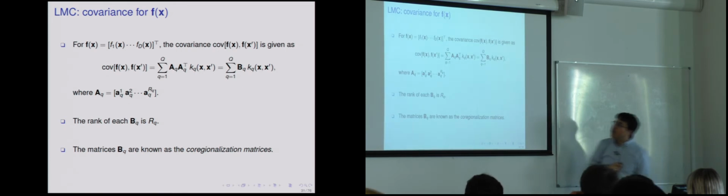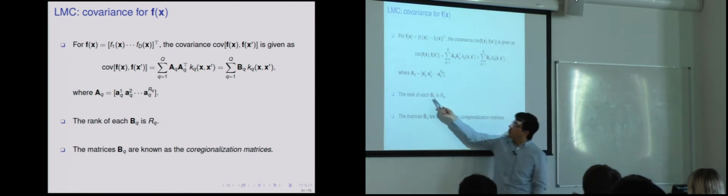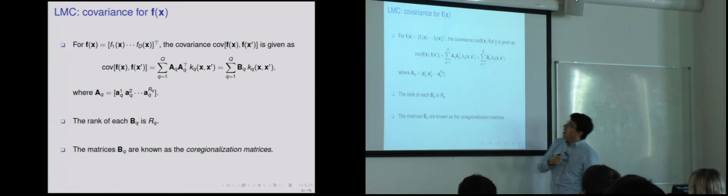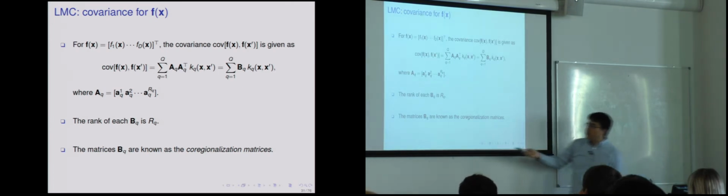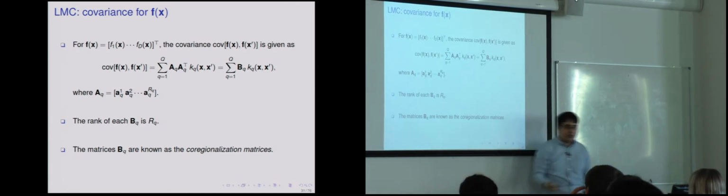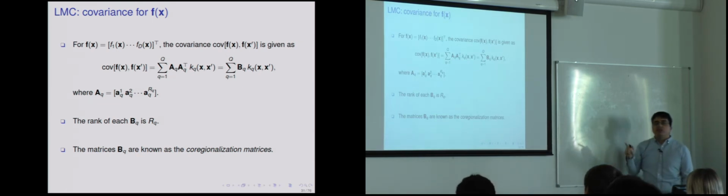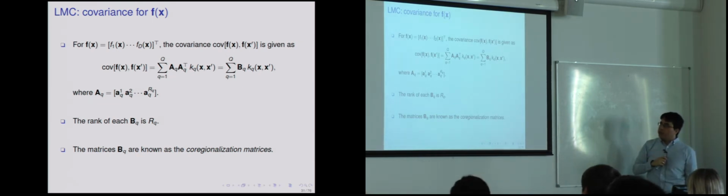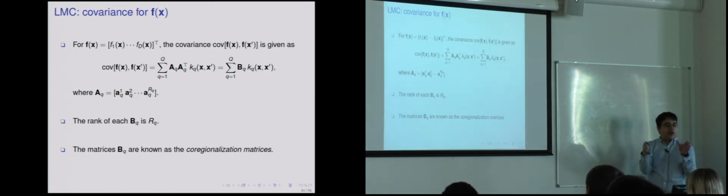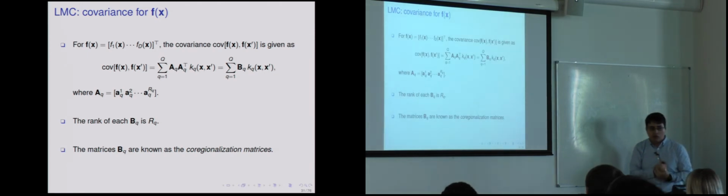So the rank of each of these matrices is R_q, and these matrices are usually known as coregionalization matrices. They don't always need to have the same rank. I could have an ICM model with rank 2, let's say, and then another ICM model with rank 3 or 4.